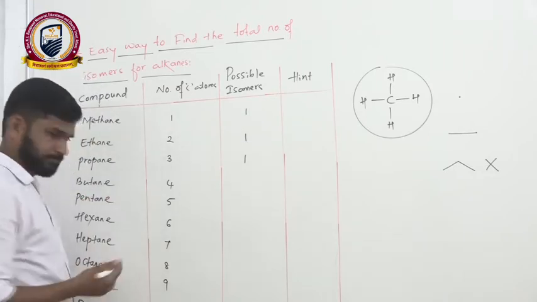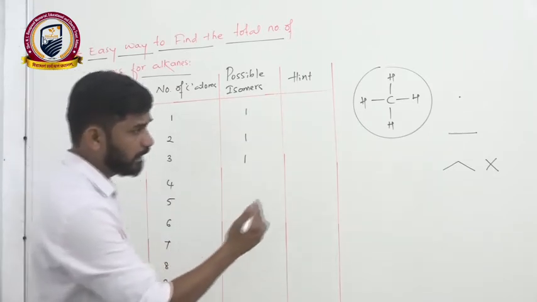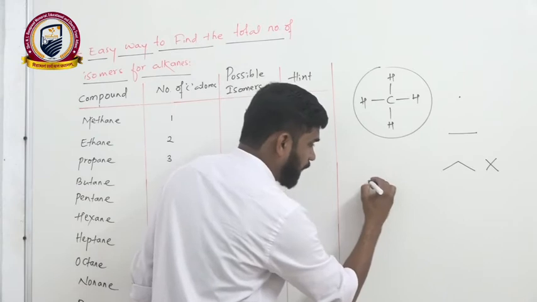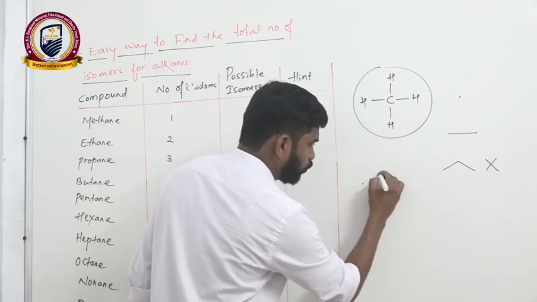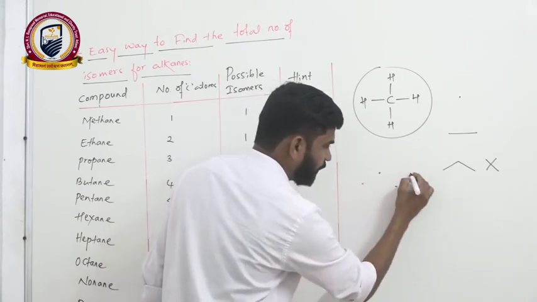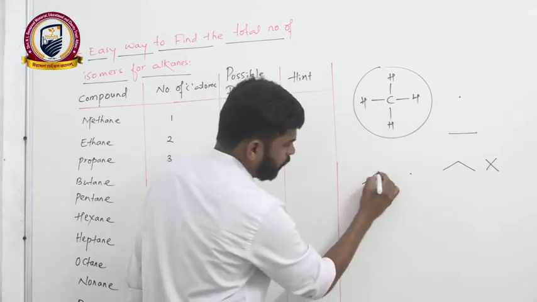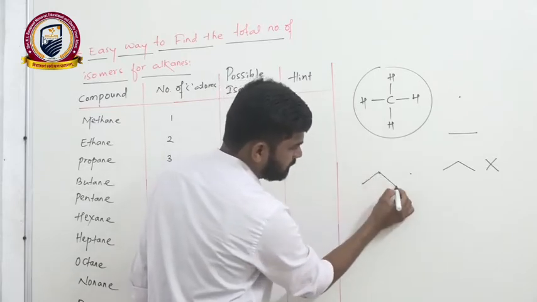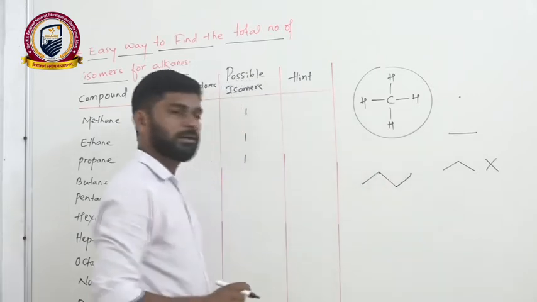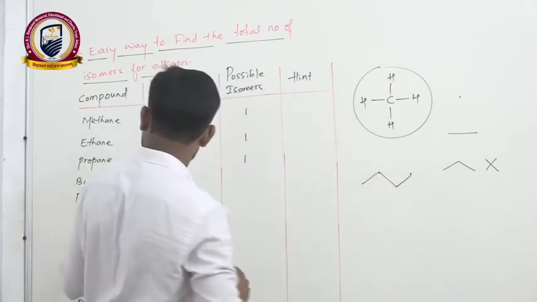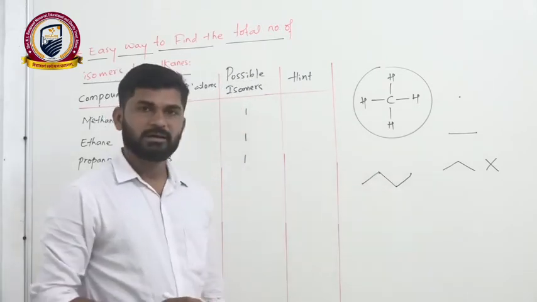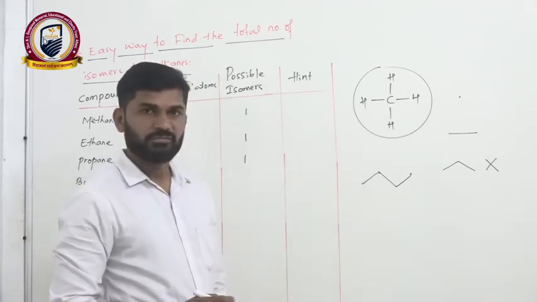Coming to butane. Butane has 4 carbon atoms: 1, 2, 3, 4. So 1 carbon atom, 2, 3, and then 4. This is the bond line structure of butane. We'll write the total possible isomers for this butane.